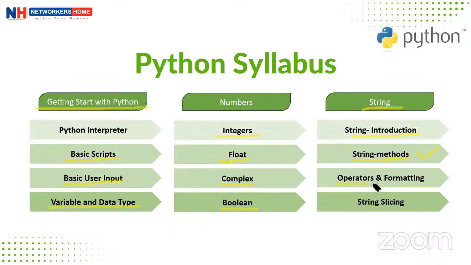And then we'll understand operators and the formatting of a string. How many ways can you put your string, so we can make use of it to display messages, that also will look good. So these are the factors we'll be dealing with for strings.